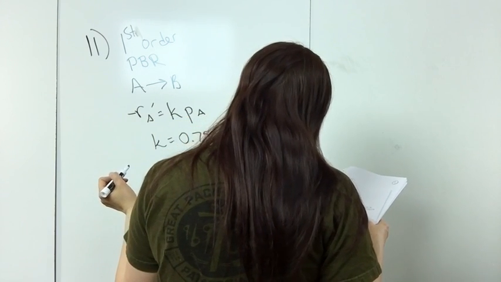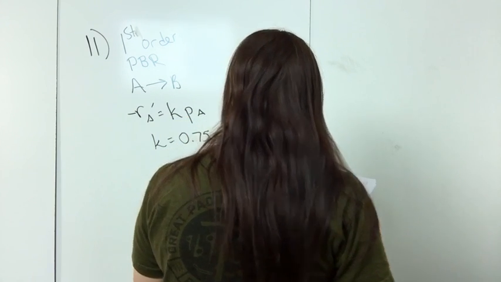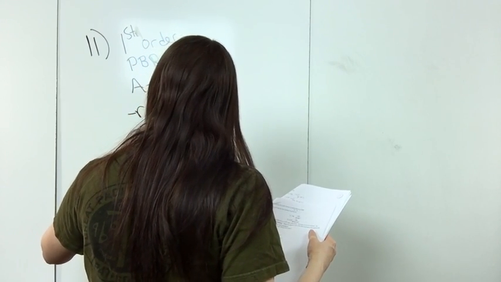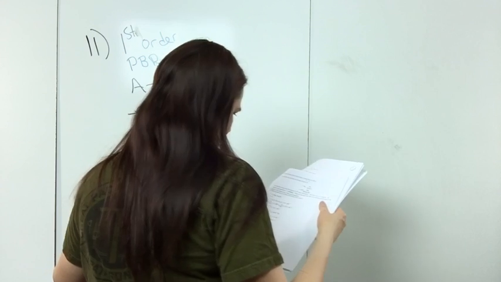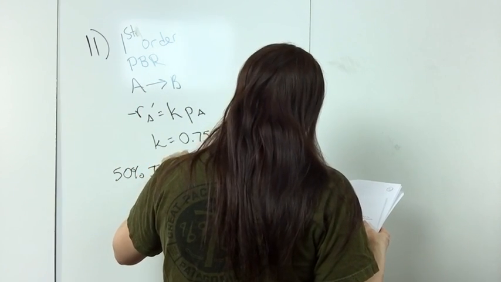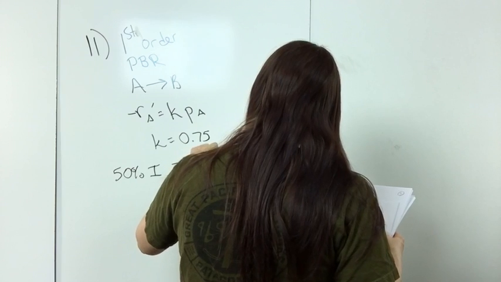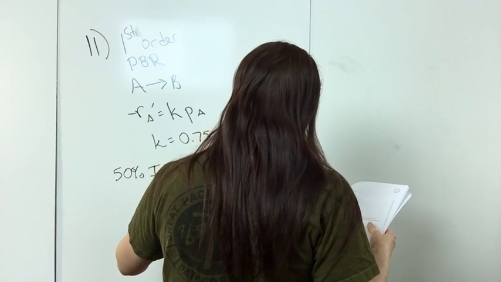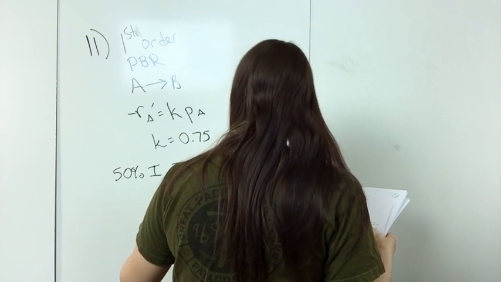And then it says A is fed to the reactor with 50% inerts, and T is 327 degrees C, and P is 1 atmosphere.